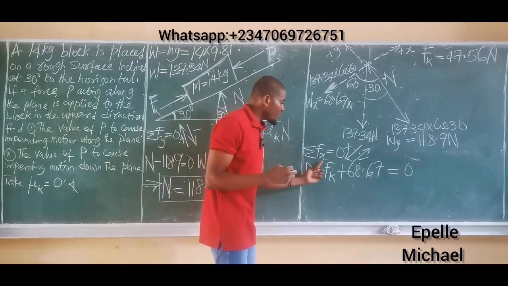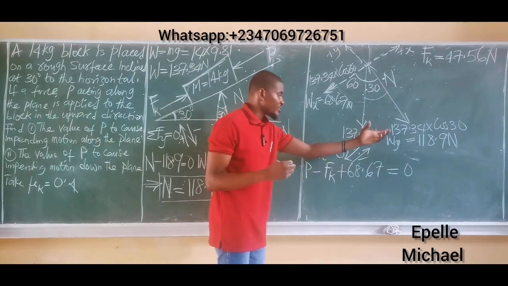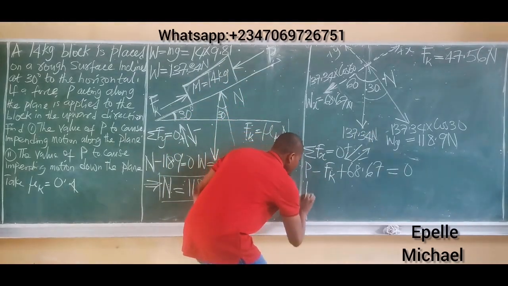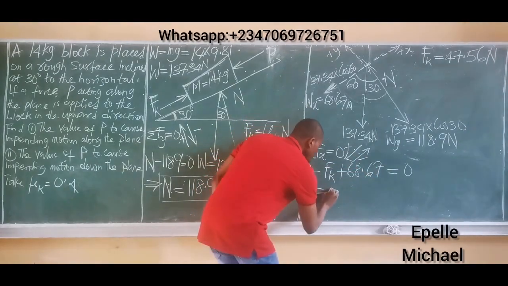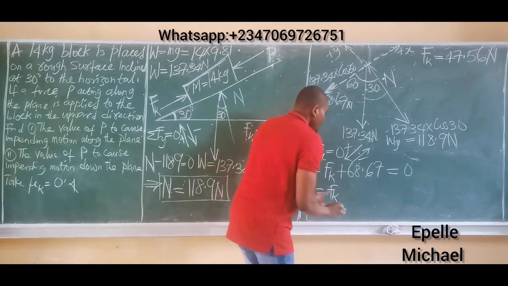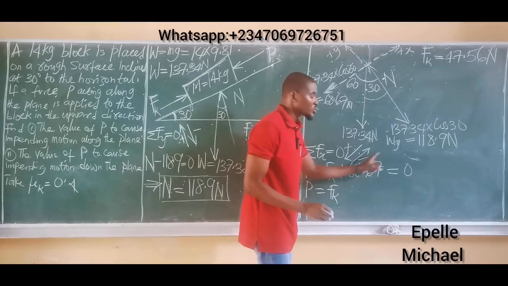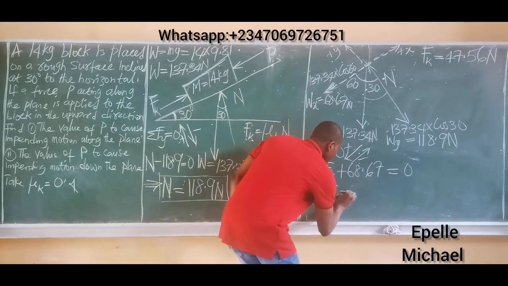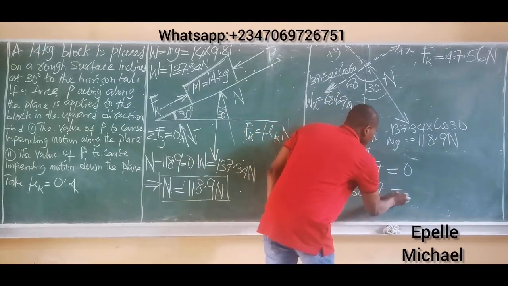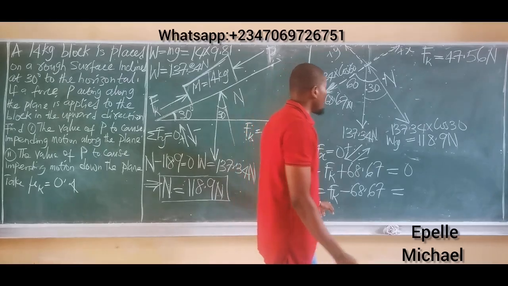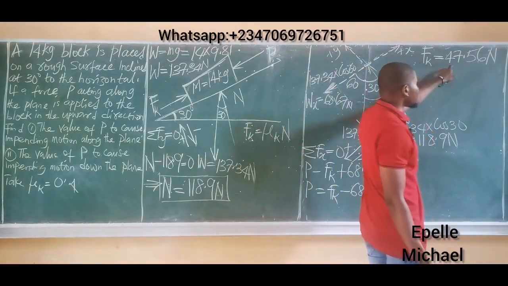Okay, having known the value of Fk, we can simply send everything over here. So we have that our P is equal to, the negative sign crossing the equal sign becomes positive, so I have plus Fk, now plus 68.67 crossed over becomes minus 68.67. So let's plug in this value and see what we obtain. Fk, we obtained already here as 47.56.